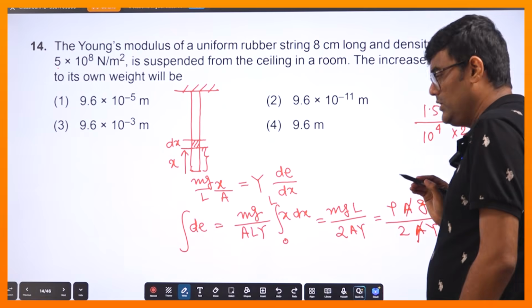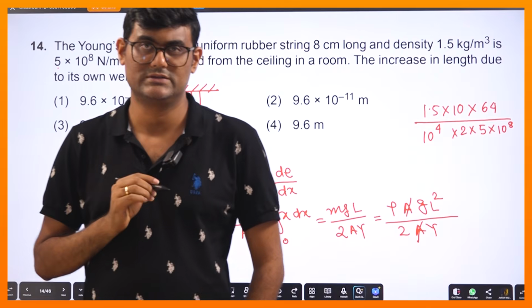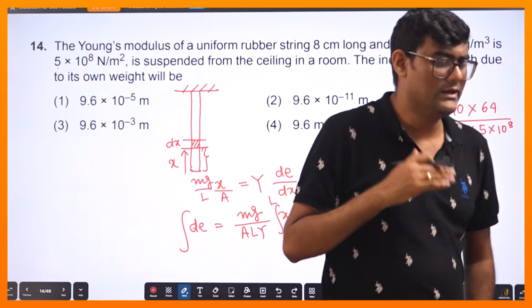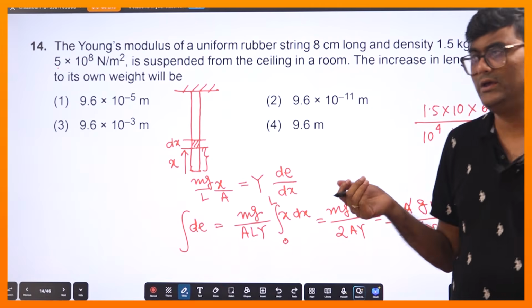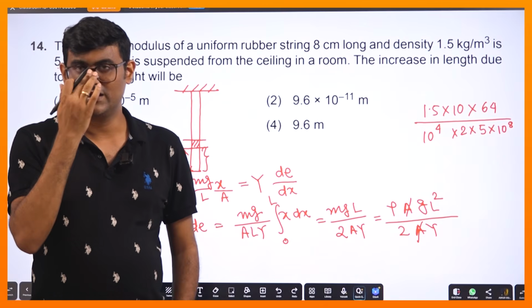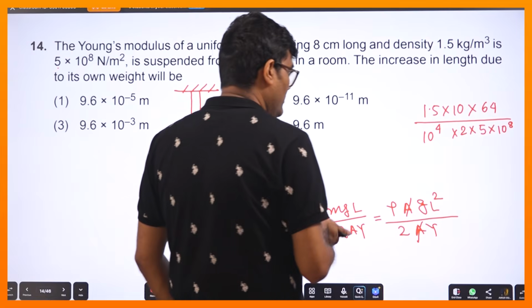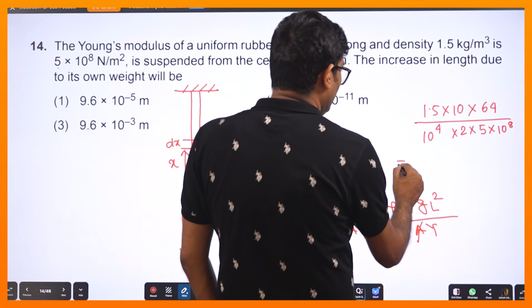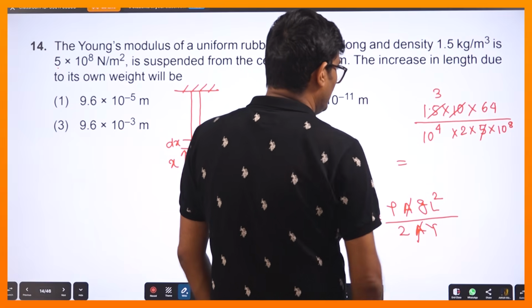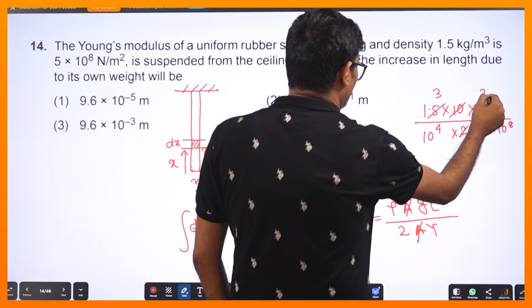Sometimes in your paper, you have to solve this type of a bit lengthy calculations, right? You have to practice, not in every question, but you have to be mentally ready, and also be ready with your practice, that whenever this type of question comes, we have to be patient and solve, right? The answers are simple, right? But you have to solve it. Now you can see it is 15 divided by 5, so this entire thing cancels with 3, and it is 3 and this is 32, right?